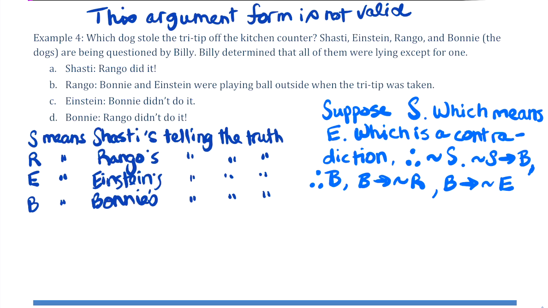Well, if Einstein's lying, Einstein said that Bonnie didn't do it, right? And if Rango's lying, that means he didn't really see both Bonnie and Einstein playing ball, right? Outside. So what conclusion do we logically come to?